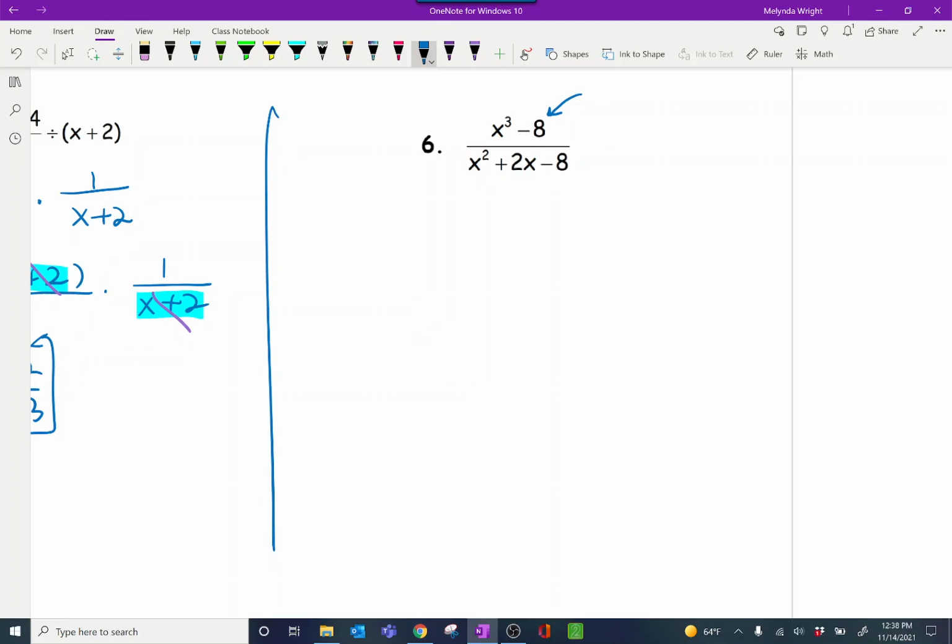So that u and v thing that we looked at, u would be x and v would be 2, because 2 times 2 times 2 is 8. So then we use that factoring pattern. So that would be x minus 2, which I am sure you have memorized by now, right? Of course, I know. Yes. And then it's u squared, so x squared plus v times u, which is 2x, plus v squared, which is 2 squared, which is 4.